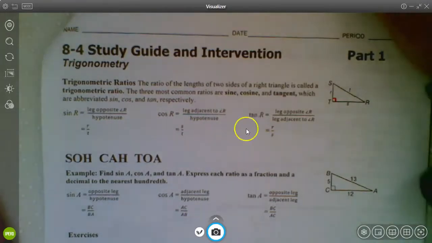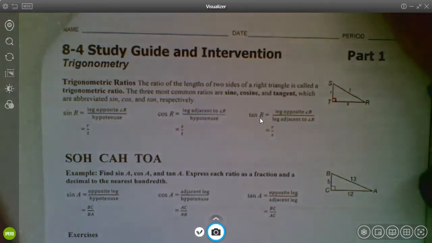One last one to show you is the tangent ratio. The tangent ratio compares the opposite leg to the adjacent leg. If we were going to do that from angle r, I'm going to compare the opposite leg, which is r, to the adjacent leg, which is s. And that's where they're getting the ratio of r over s.